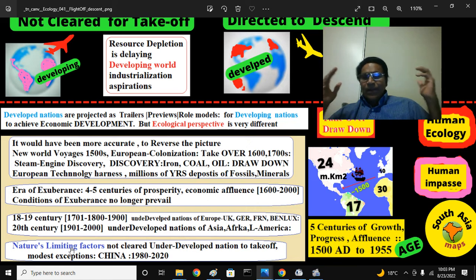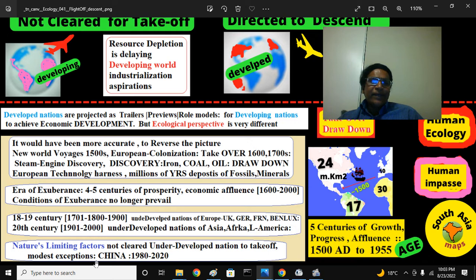Others are minerals and metals, and so on. The only modest exception is mainland China. From 1980 to 2020, around 40 years or so, it consumed whatever coal was left on the planet Earth, imported from everywhere, and industrialized itself modestly. That's the exception. Now other countries cannot do it.